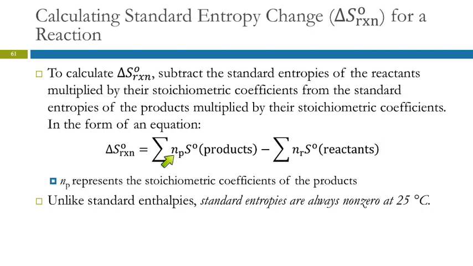It is also an extensive property, and so it depends on the amount of substance, so we need to multiply by the coefficients in the balanced chemical equation. This molar entropy is per mole, and then we're multiplying by how many moles are involved in that reaction.